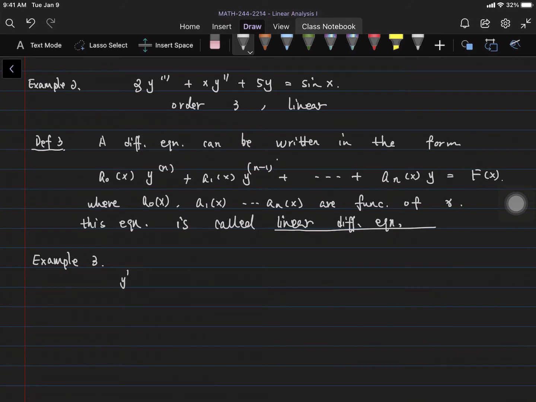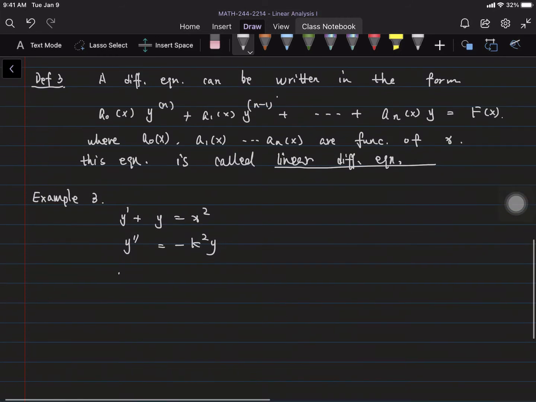The first one, second one, and the third one. If we look at the first equation, it's called first order because the highest order is 1. And we can see there's no power on y prime and y, so this is linear, right? So the first one is linear.